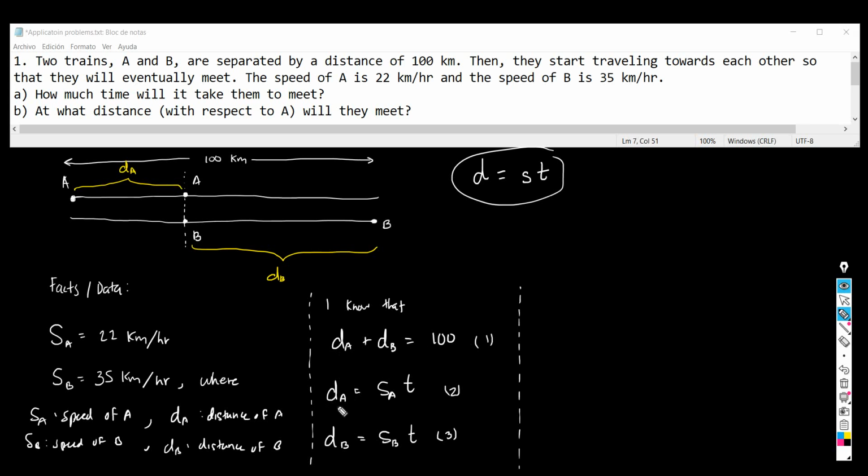Okay, look, dA is equal to this, so I'm gonna put this in there, and dB is equal to this, so I'm gonna put this in here. So there we go.